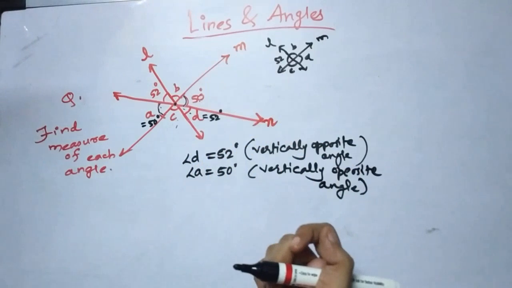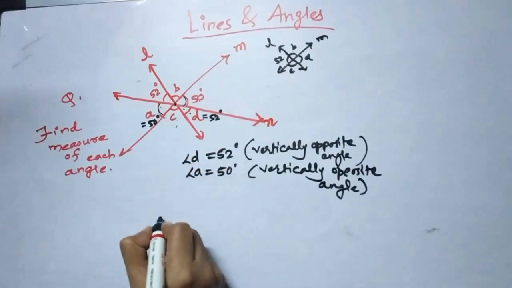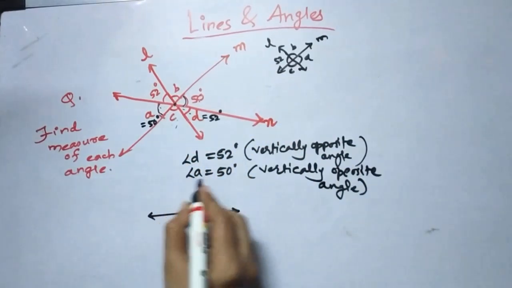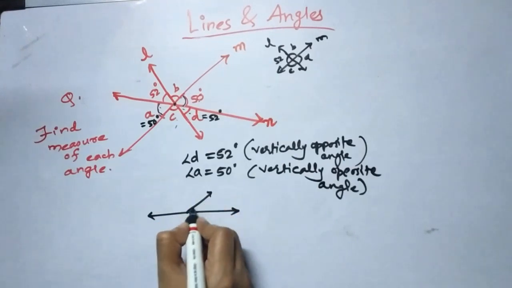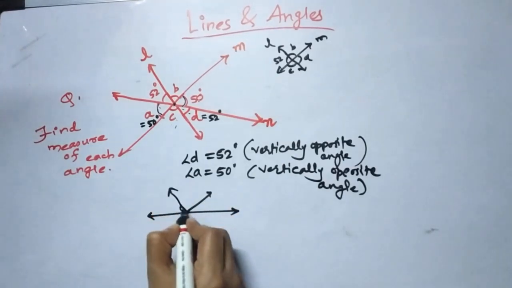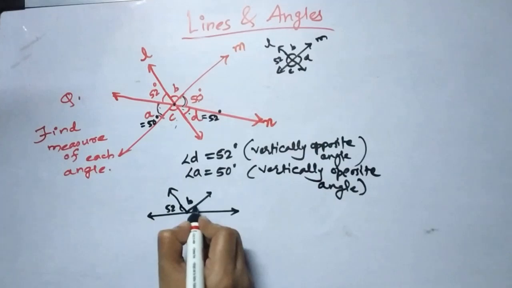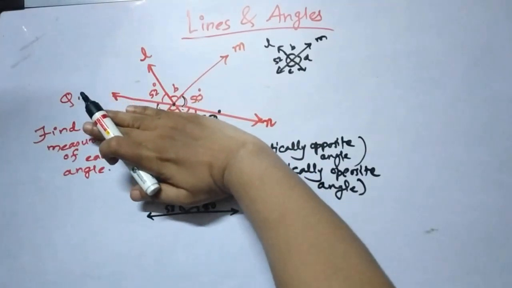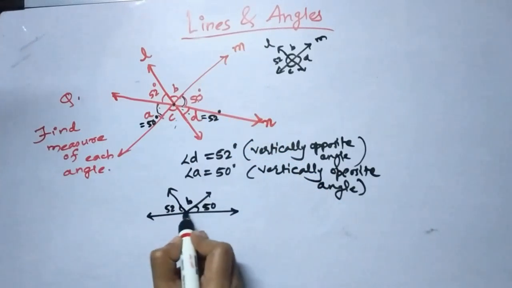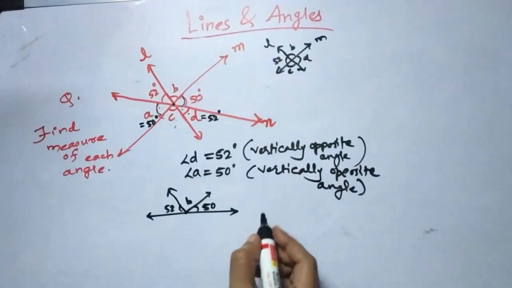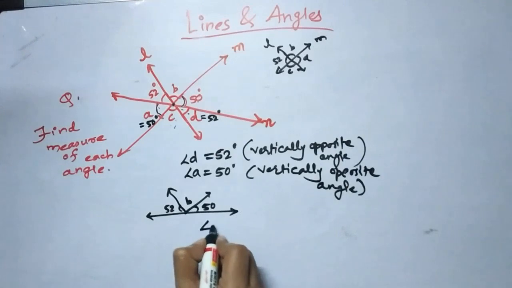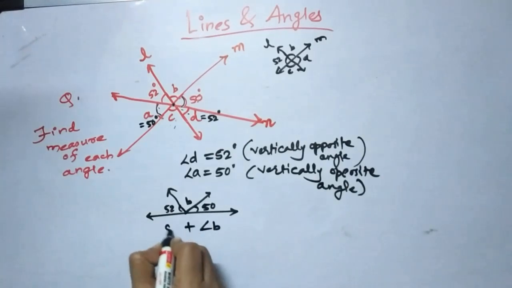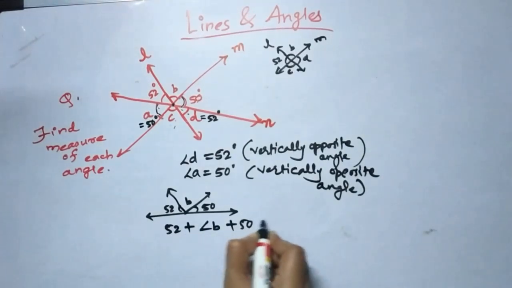So friends, in order to find this B and C, I would like to draw this diagram: this is 52 degrees, this is B, and this is 50 degrees. Taking this portion, the angle forming at this single line is 180 degrees. So 52 plus B plus 50 is equal to 180 degrees.